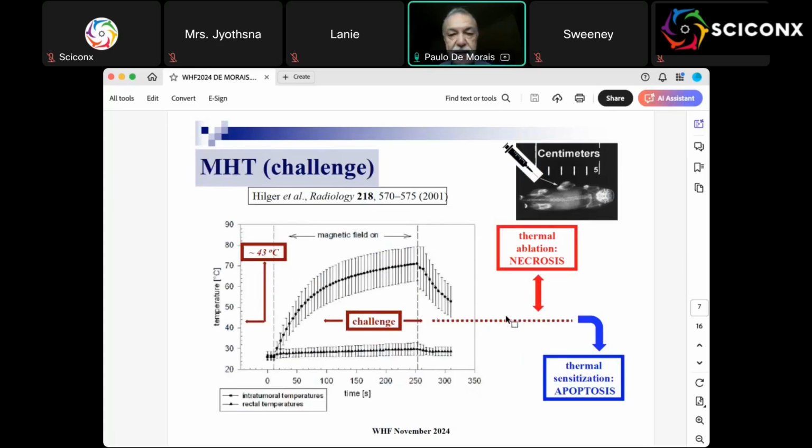If you are using magnetic hyperthermia as a cancer therapy, around 43 C you perform what they call thermal sensitization, which leads to the apoptosis of the tumor cells. If you go higher than 43 C, and the higher you go, the stronger the process is, you go to thermal ablation, which leads to necrosis.